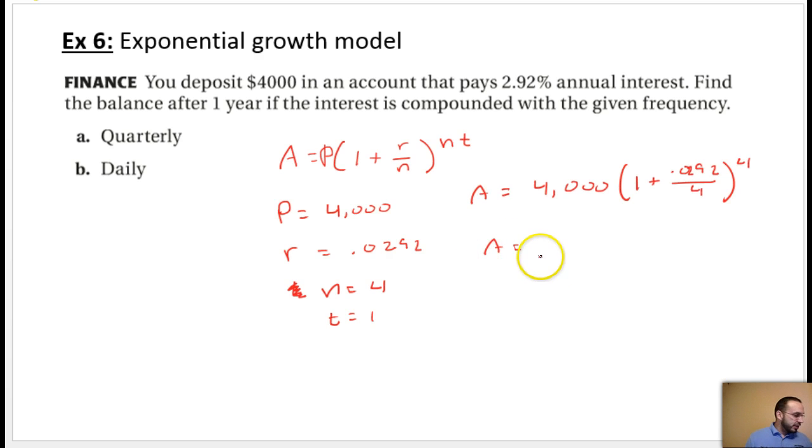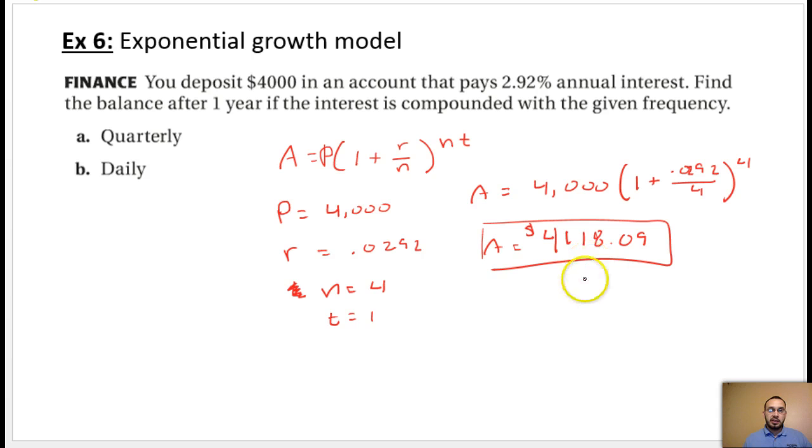If we use a calculator and solve this, we conclude that A is $4,118.09. So after a year, we're going to gain $118 profit for just keeping the money invested in a savings account.